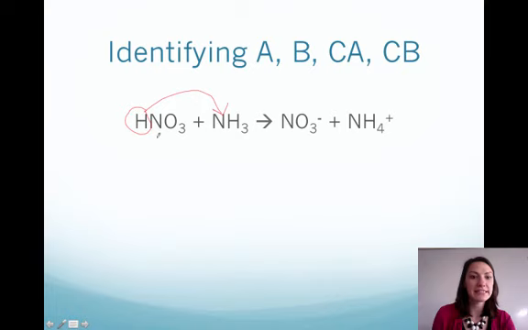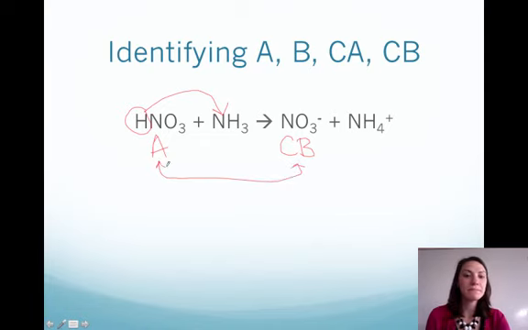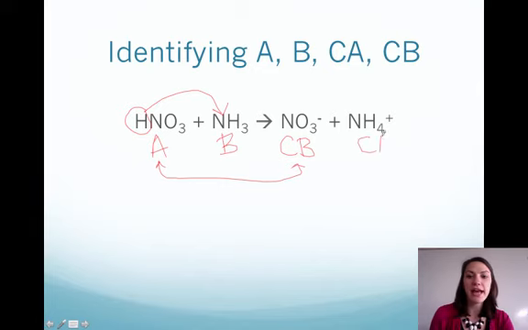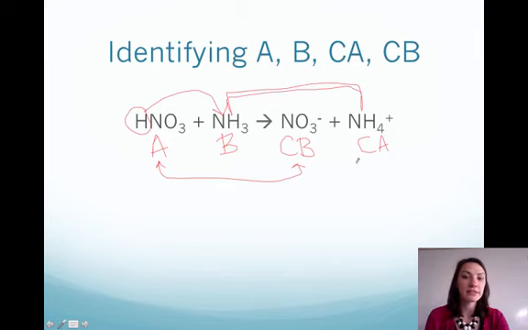So this is going to be the acid, and this is going to be its conjugate base. So those are one pair. This right here, NH3, is going to be gaining the proton, so it's going to be the base, and then it becomes the conjugate acid when it becomes NH4 plus. So it becomes more positive, conjugate acid, all right?